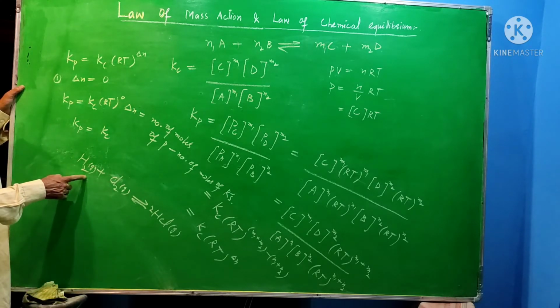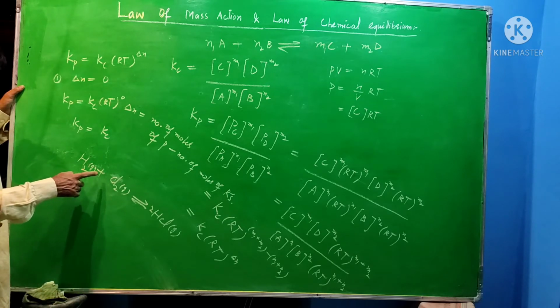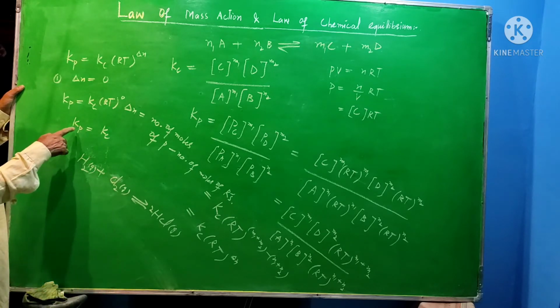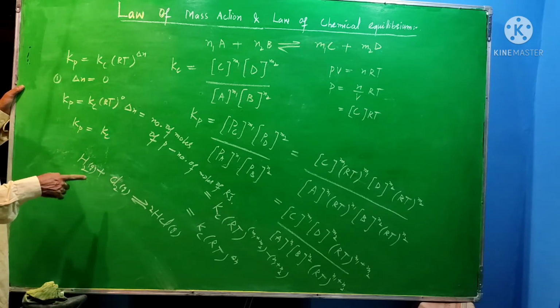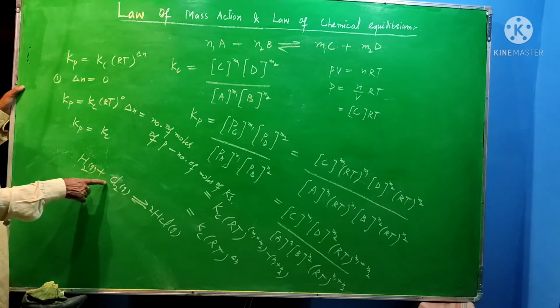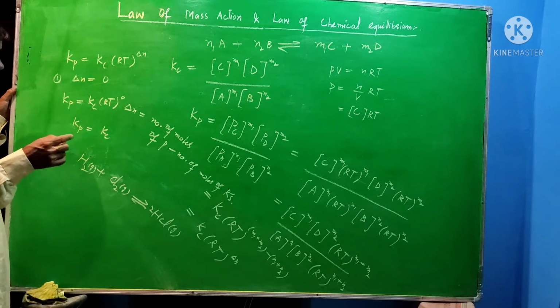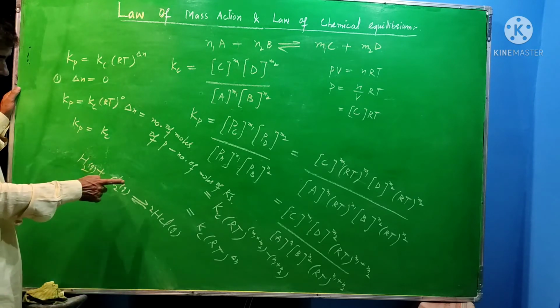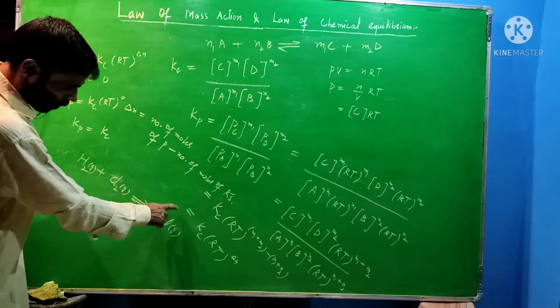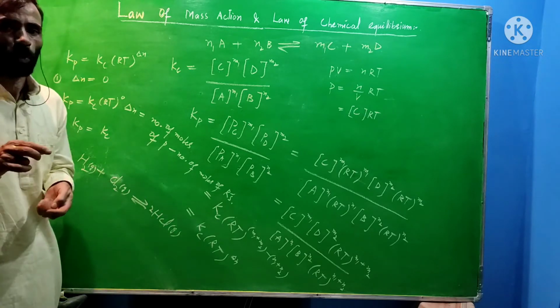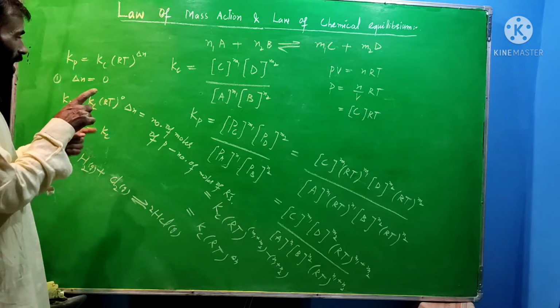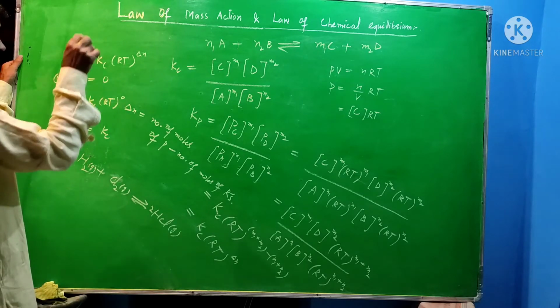In this case, if we take concentration terms and calculate the equilibrium constant, it will be the same as if we take pressures of the reactants and products, meaning Kp is equal to Kc. So in a reaction in which the number of moles of reactants is equal to the number of moles of products, Kp is equal to Kc.